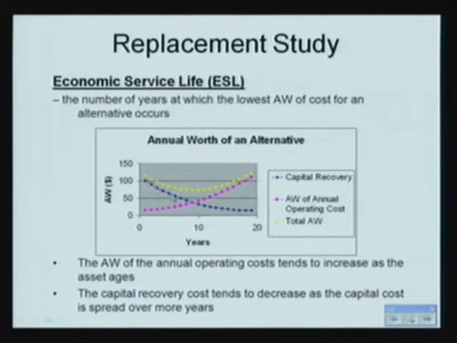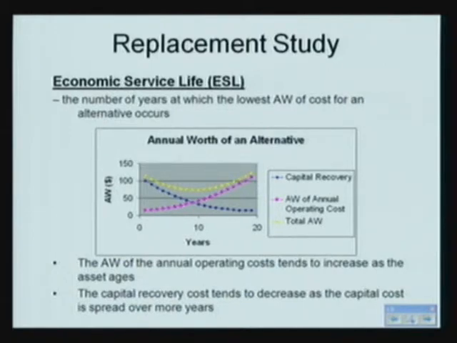On the other hand, the capital recovery cost tends to decrease as the capital cost is spread over more years. Again, go buy a new car. If it costs you $20,000 and you sell it the next year, you're going to take a big hit because it's depreciated quite a bit. You can't sell it for near what you purchased it for. Well, you hold on to it for 20 years.